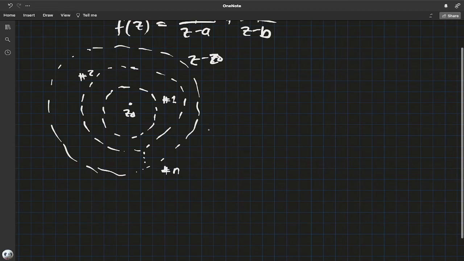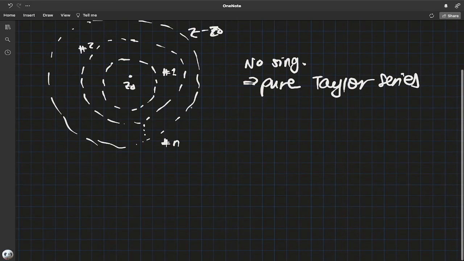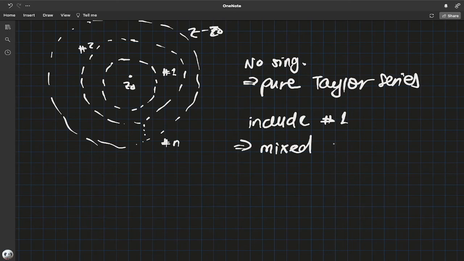But the pattern or the idea of finding the coefficients of the Laurent series was that we needed to take different cases as and when we included more and more singularity points. So in the most basic case number 1, where we didn't have any singularity points, we had a pure Taylor series with just positive coefficients. Then in the region between 1 and 2, when we included 1, we got a mixed Laurent series.